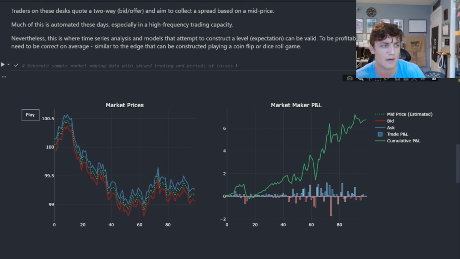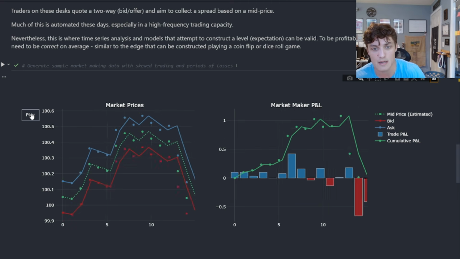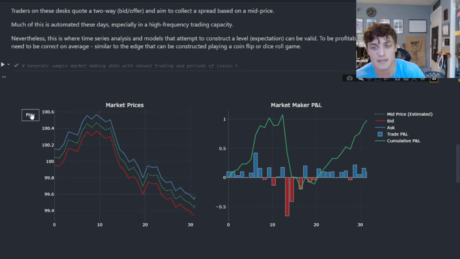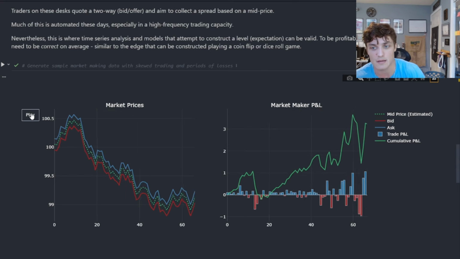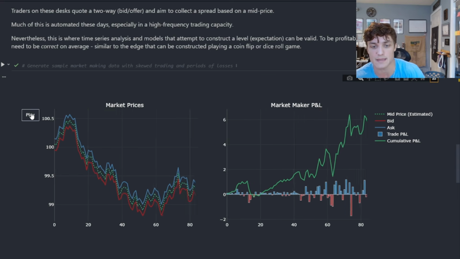And I have here an animation. Essentially, this is a simulation of a market maker quoting bid and ask, bid and offer, and accumulating P&L based on the people who are transacting with them. This is where the idea of edge comes in an institutional capacity.